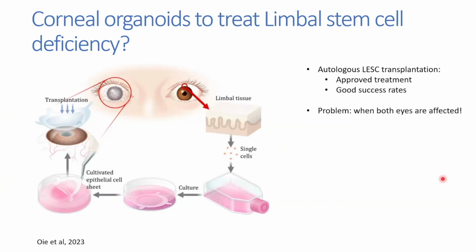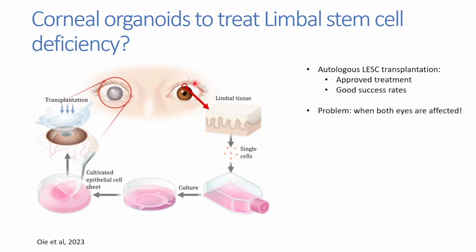For the current cell therapy approaches, for example, for limbal stem cell deficiency, if you look at this schematic here, there's a little sample of limbal tissue that people take, and this has been approved and is routinely done. But it's mostly for patients who have limbal stem cell deficiency because of a chemical burn or some accident, and they still have one eye that is not deficient and one eye that is affected.